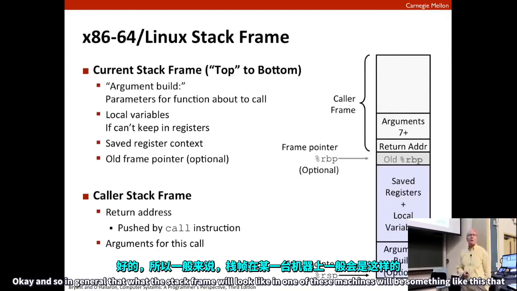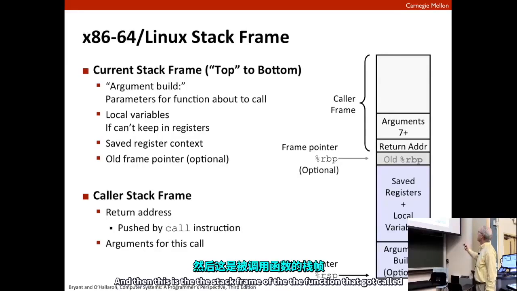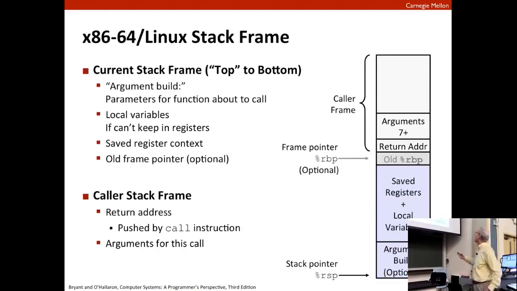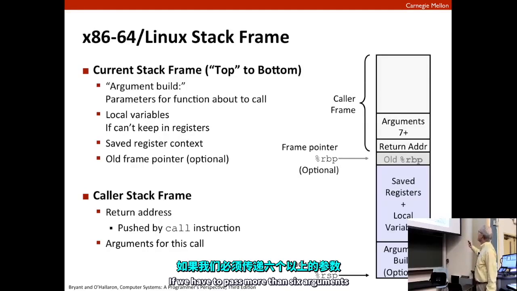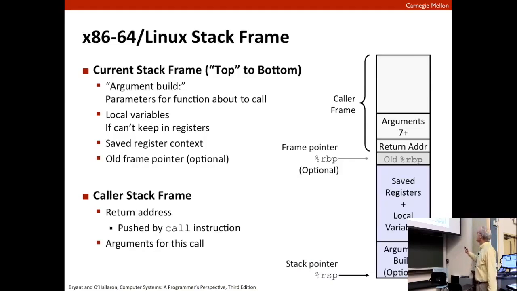And so in general, what the stack frame will look like in one of these machines will be something like this. You'll see this is the caller, and then this is the stack frame of the function that got called. So working our way back, if we have to pass more than 6 arguments, the caller will actually use its own stack frame to store those arguments, so that they'd be available.